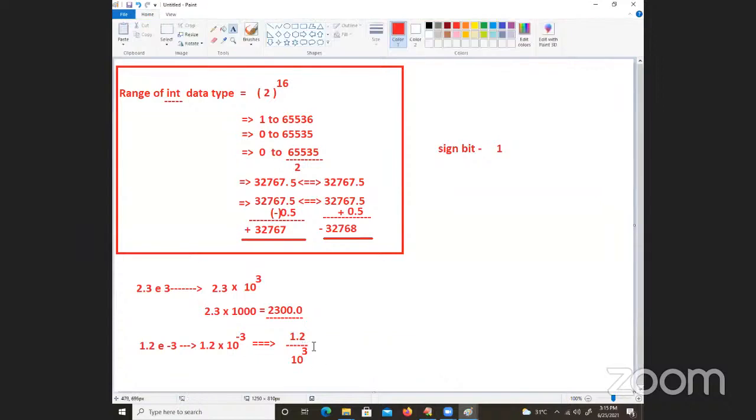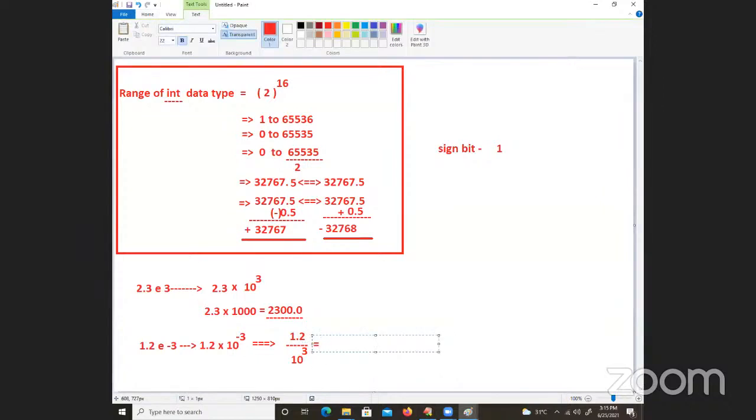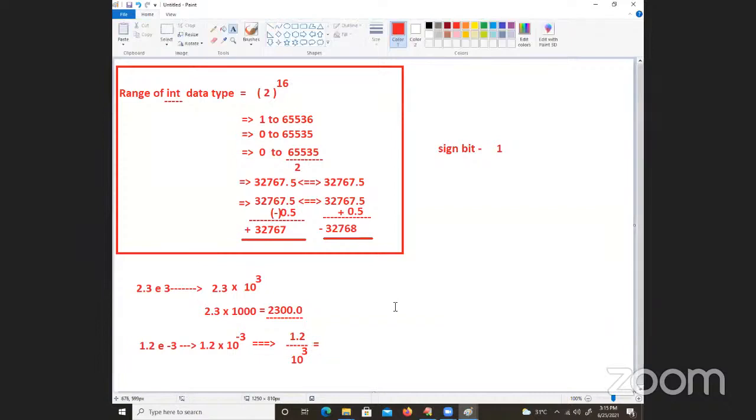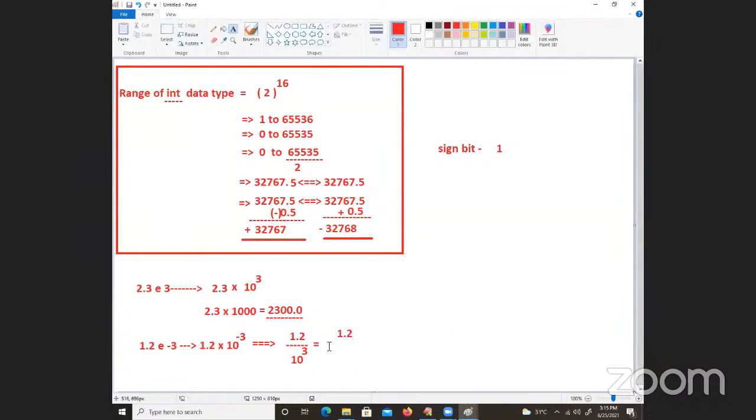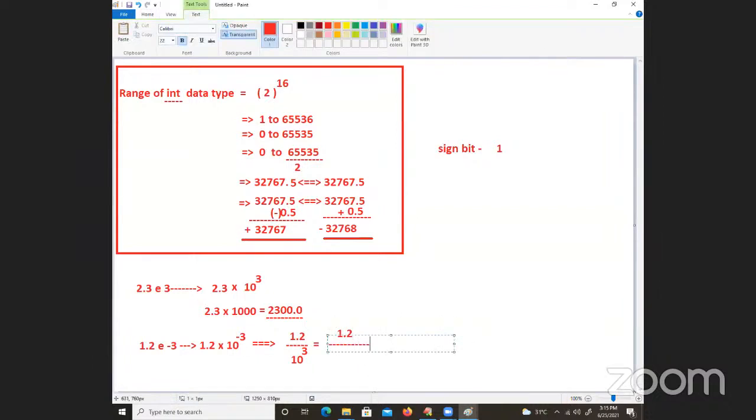So I am going to give you 1.2 by 1.2 by 1000. The value is called 1000. So it is going to give you the result for 1.2 by 1000.